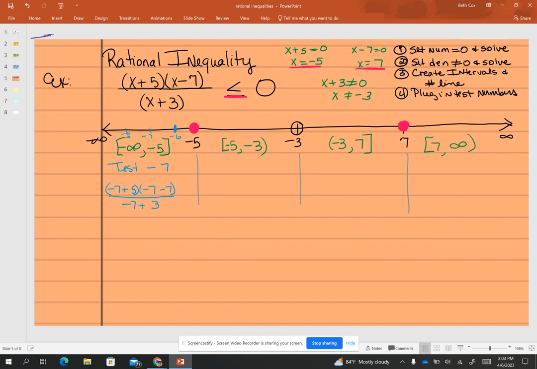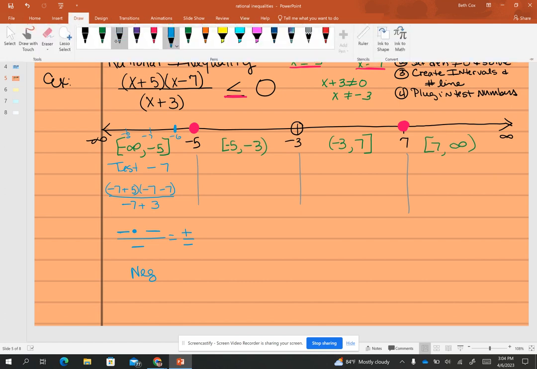Again, I don't need to know what the answer is, I just need to know if it's positive or negative. So the first one gives me a negative, the second one gives me a negative, and the bottom one gives me a negative. So I have a negative times a negative, which is a positive, over a negative. This is going to give me a negative answer. This section gives me a negative answer.